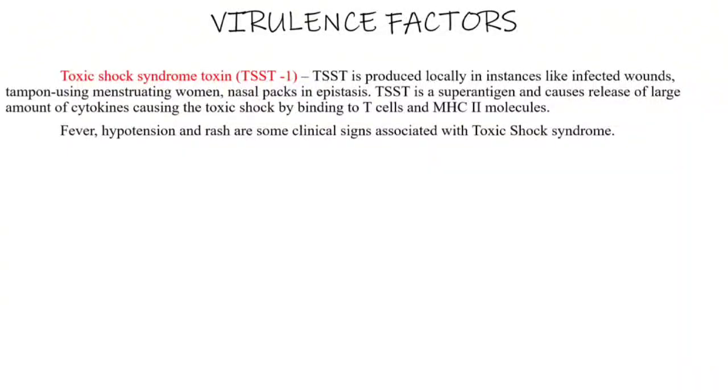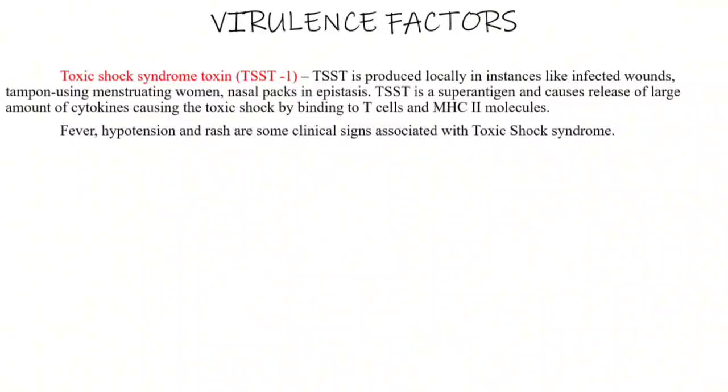Now another toxin is the toxic shock syndrome toxin 1, and it causes toxic shock syndrome. Usually toxic shock syndrome toxin is a super antigen. The reason we call it a super antigen is it's able to exaggerate the response of T cells and MHC class 2 molecules in the body.